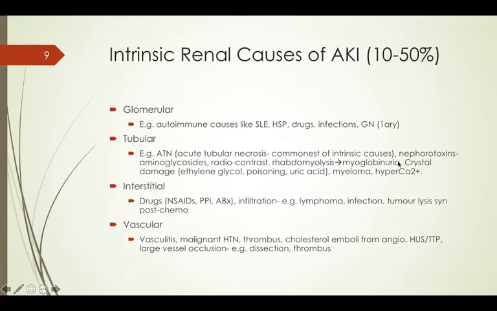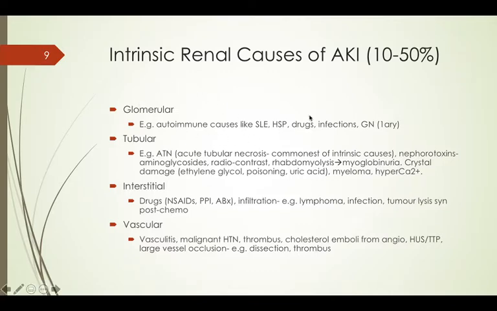Some other causes of tubular pathology that could result in AKI include certain nephrotoxins, such as antibiotics like gentamicin, radiocontrast, rhabdomyolysis, the breaking down of skeletal muscles, which can result in myoglobinuria, which is toxic to tubules.